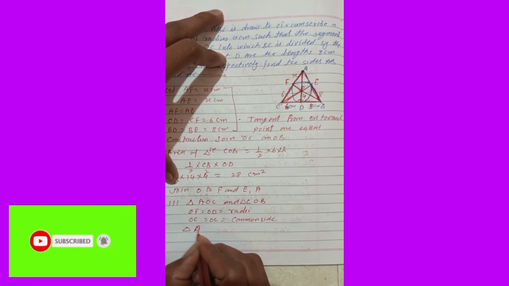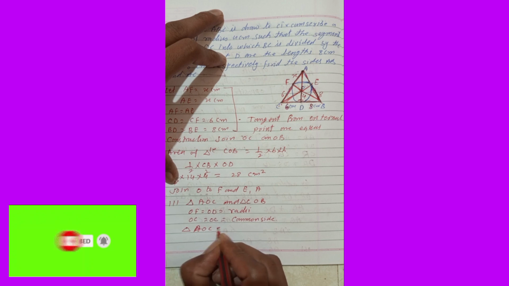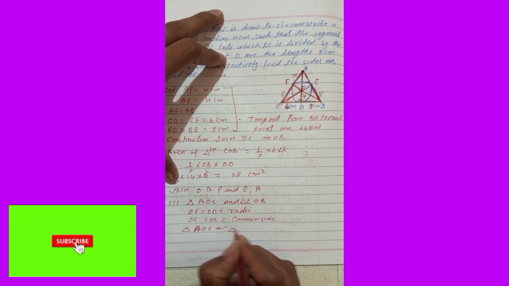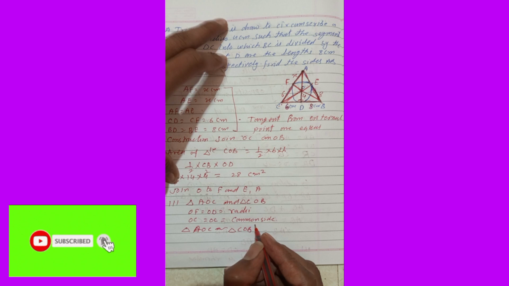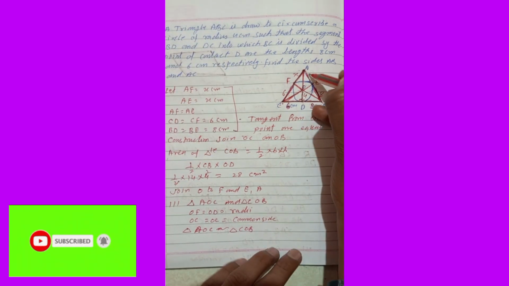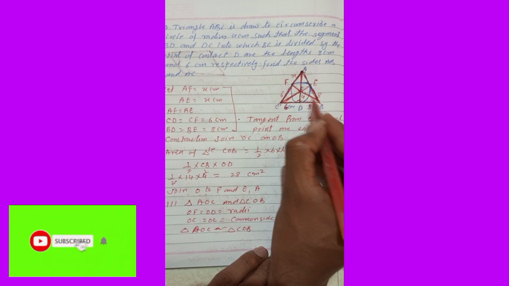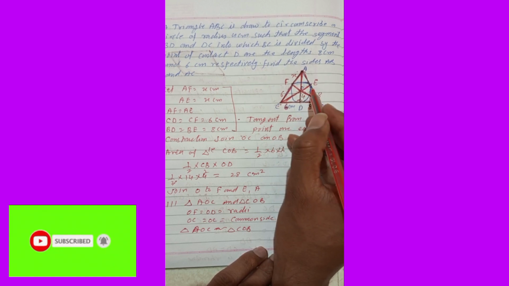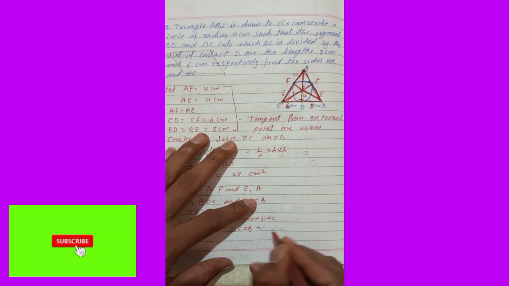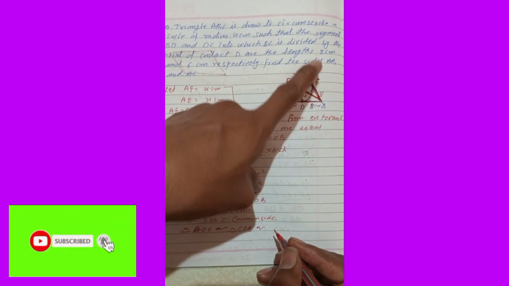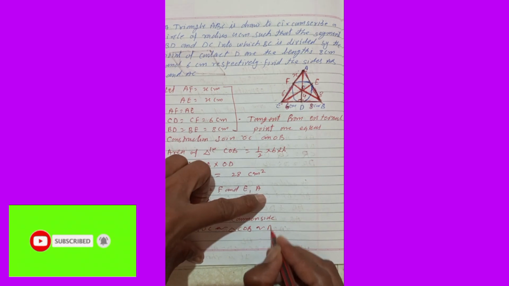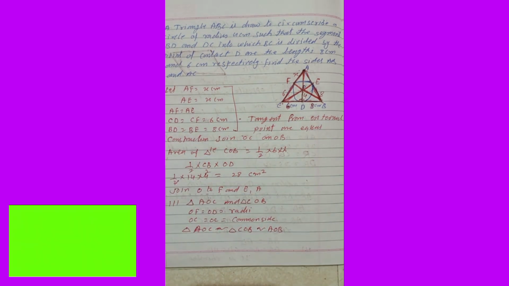Triangle AOC is similar to triangle COB, and the same way this triangle will also become similar, because OB is the same common side, and OA is the same. So it is similar to triangle AOB. These become the similar triangles.